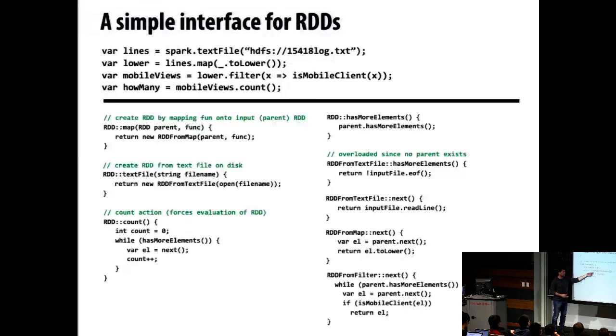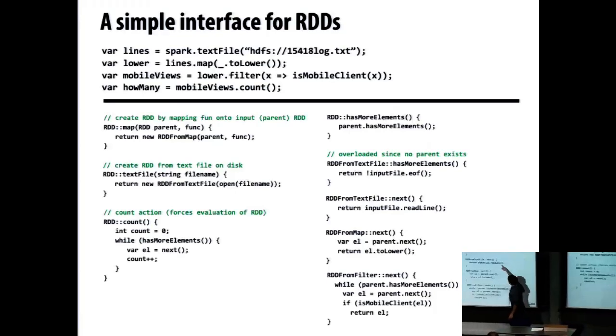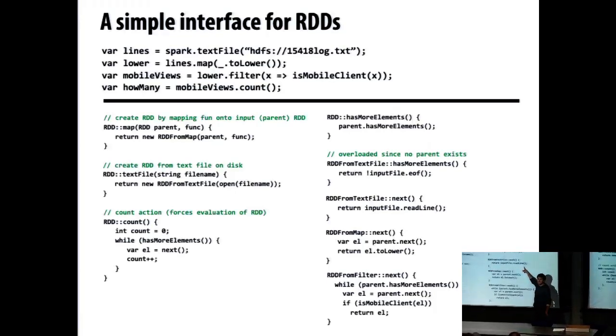So what is the implementation of next? Well, if this is an RDD from a text file, next is just readline, and has more elements is not EOF. If the RDD is anything but the source, if it came from some other RDD, next is just take the parent's next and then call the function on it, call toLower.